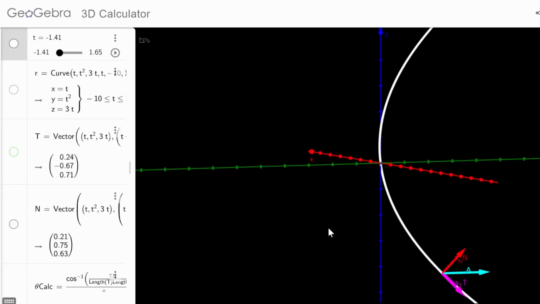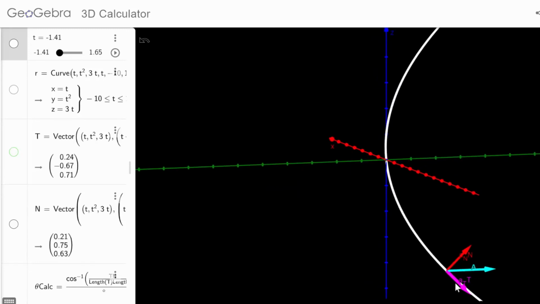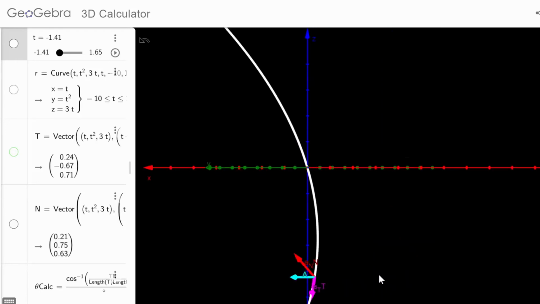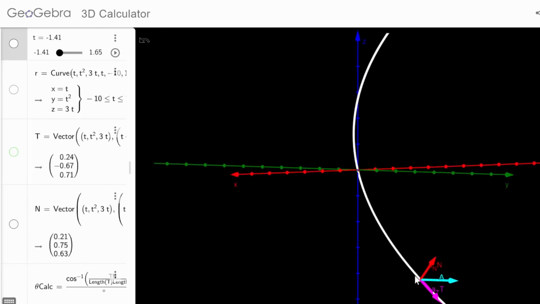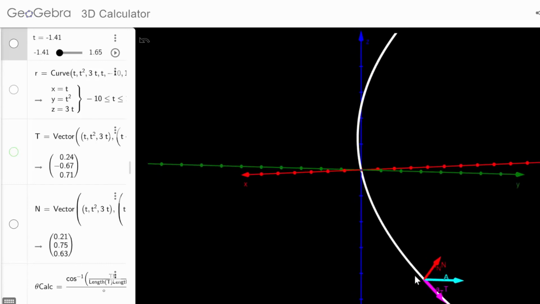So down here I've graphed the vectors we're interested in. The acceleration vector, a, that's in blue, a sub t in purple, and a sub n is in red. Now, the graph is kind of interesting because the acceleration vector is constant. But if we let the parameter increase, you'll notice that the vector in purple, a sub t, and the vector in red, a sub n, are certainly not constant.